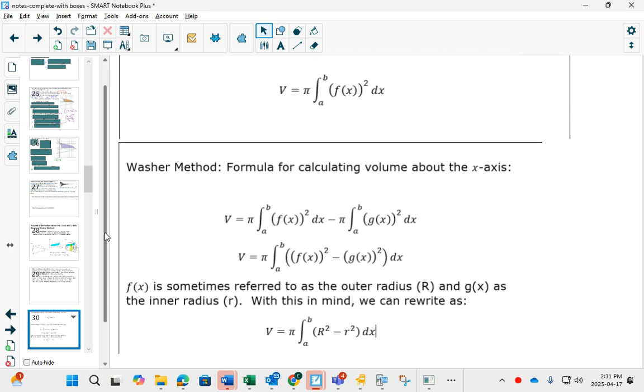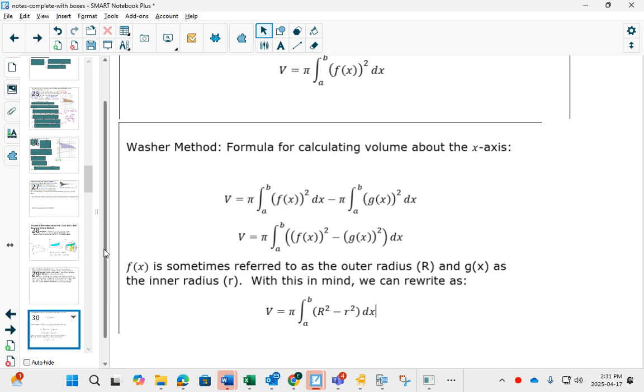And in the washer method, we sometimes talk about f as being the outer radius, and g of x as being the inner radius. Makes sense that you would take the bigger radius, subtract the smaller radius to get the washer. So sometimes you'll see this just written as big R squared minus little r squared.